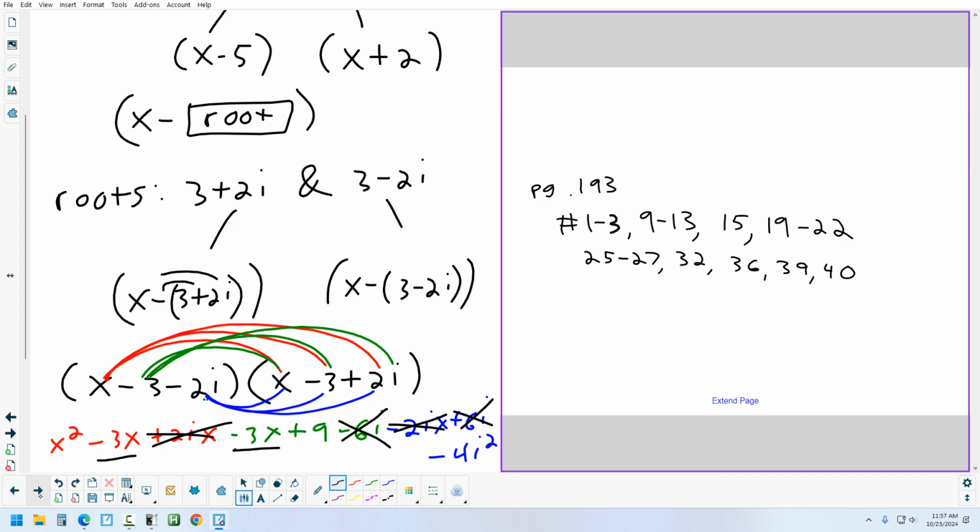So let me just double check. 1 through 3 and 9 through 13, that's all arithmetic. Add, subtract, multiply, and divide. So that is actually 15. 19 to 22, that's okay.